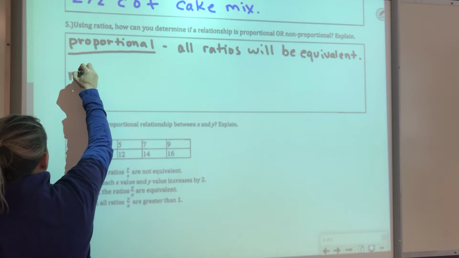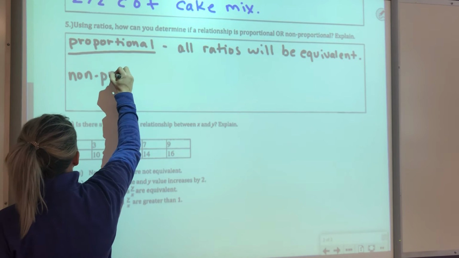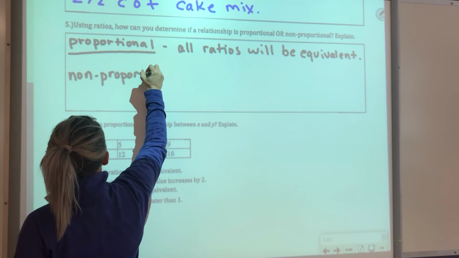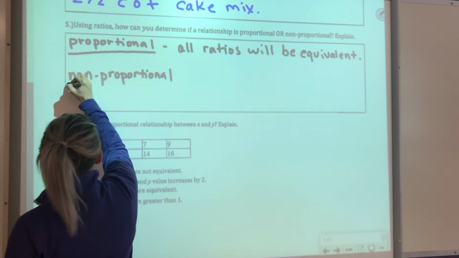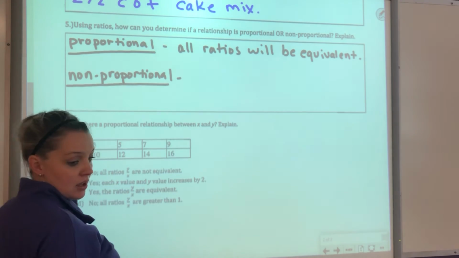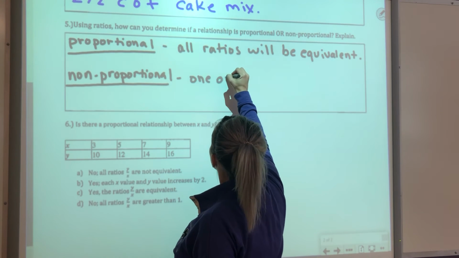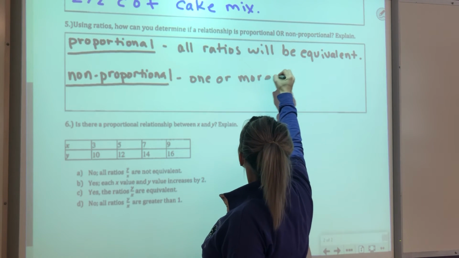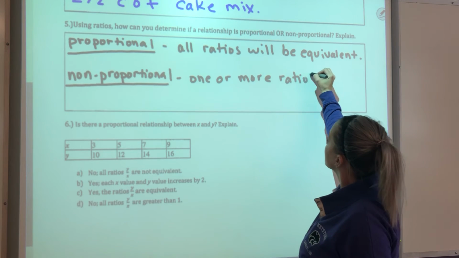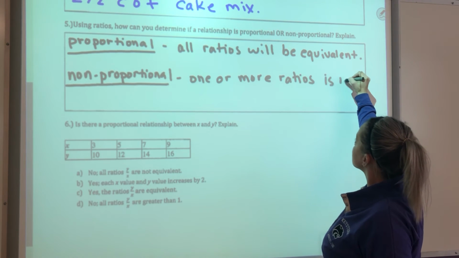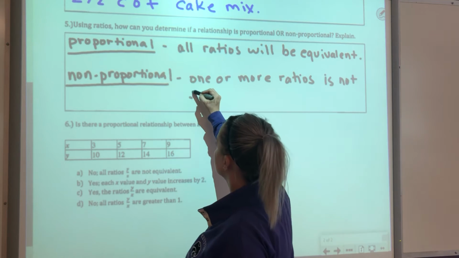A non-proportional relationship is one where one or more ratios is not equivalent.